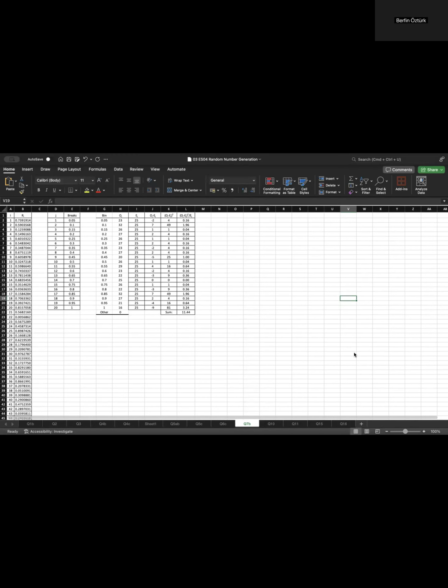Okay, now we're on Excel and question 7B. It says use Microsoft Excel and the chi-square test to check if the random numbers generated by linear congruential method generate capital N, 500 random numbers using linear congruential method with parameters A, okay, I think I was not in this question.